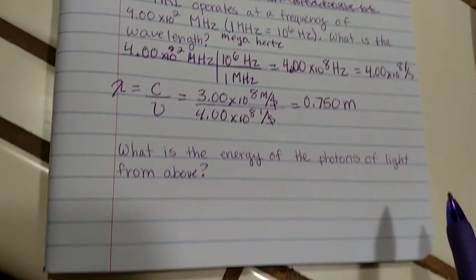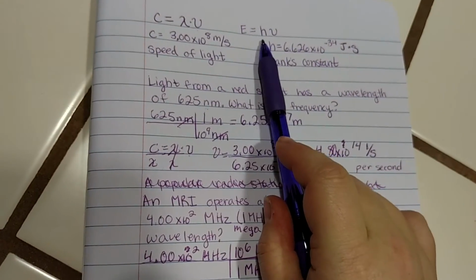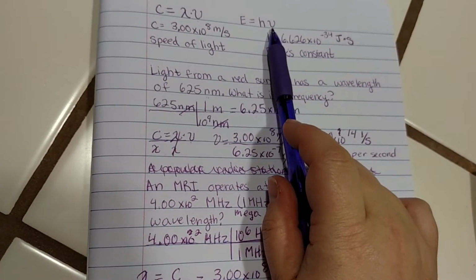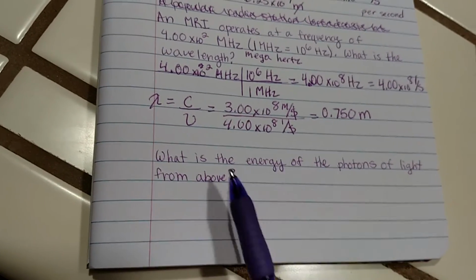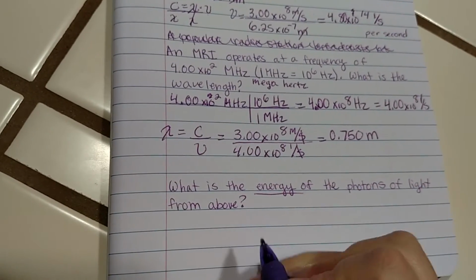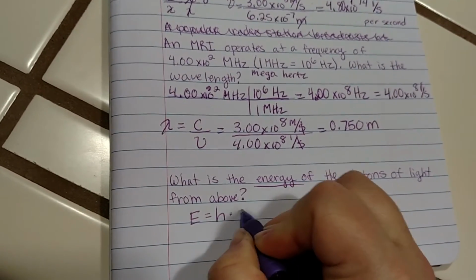All right. So last example, we're going to use our second equation to find energy. So energy is Planck's constant times our frequency, and it says, what is the energy of the photons of light from above? So we want to find from this problem, what is the energy? So energy is equal to Planck's constant times our frequency.